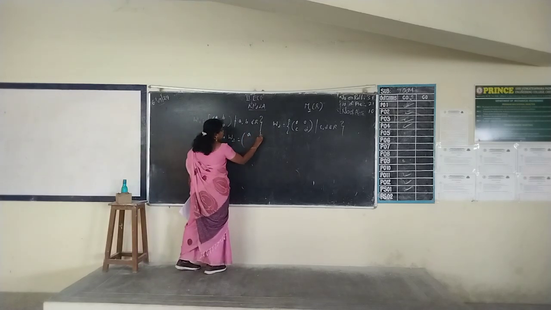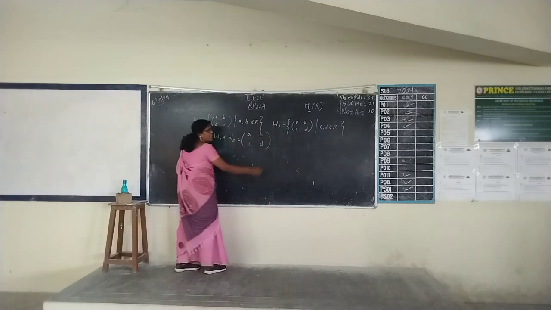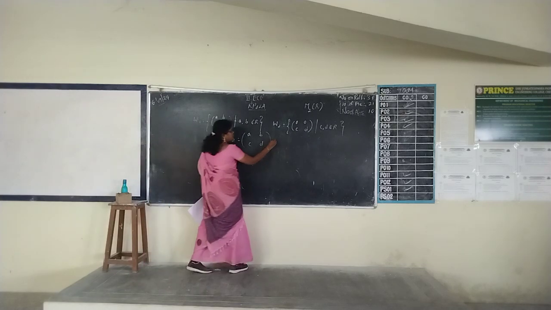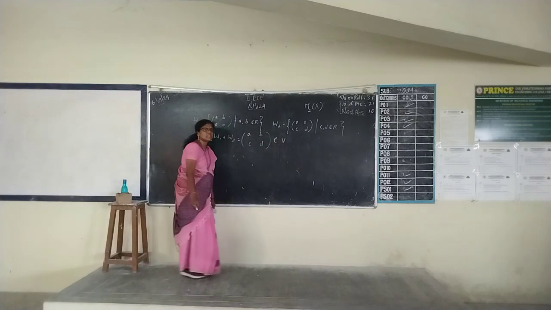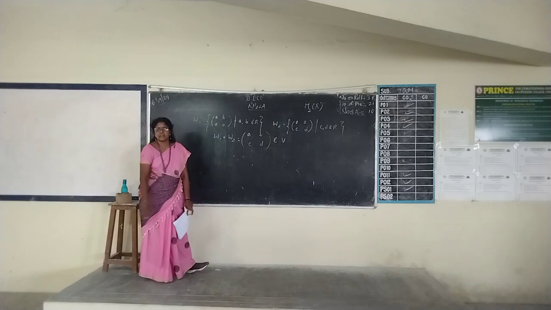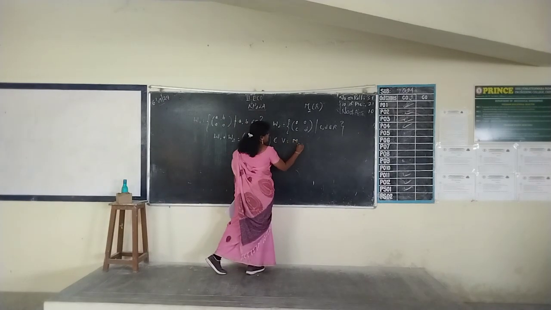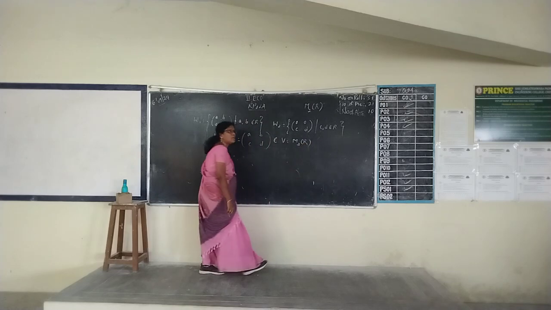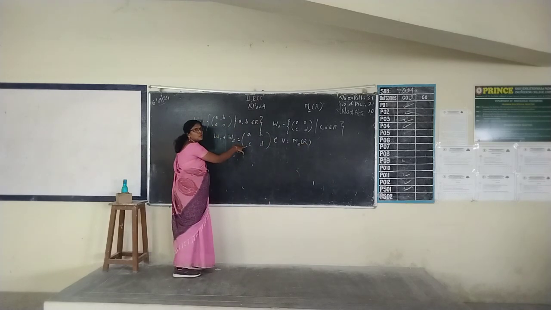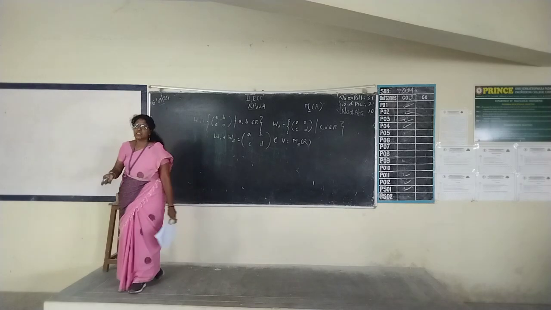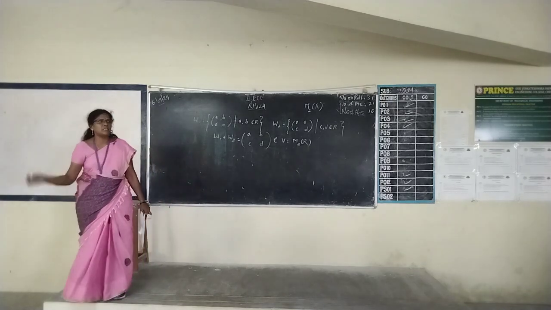It is a 2 by 2 matrix whose elements are A, B, C, D. Whether it belongs to V? Yes. So what is V for us? M2 of R, the generalized one. What is M2 of R? The set of 2 by 2 matrices whose elements are real numbers. Is the condition satisfied or not? Yes. So the first condition is satisfied.